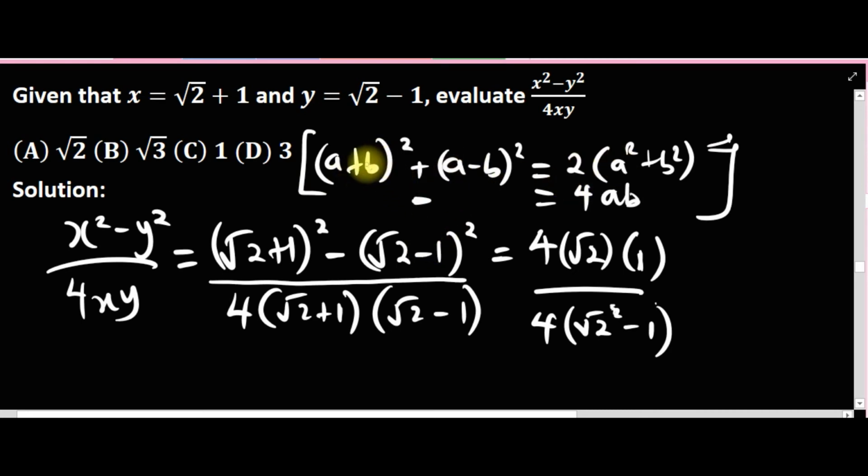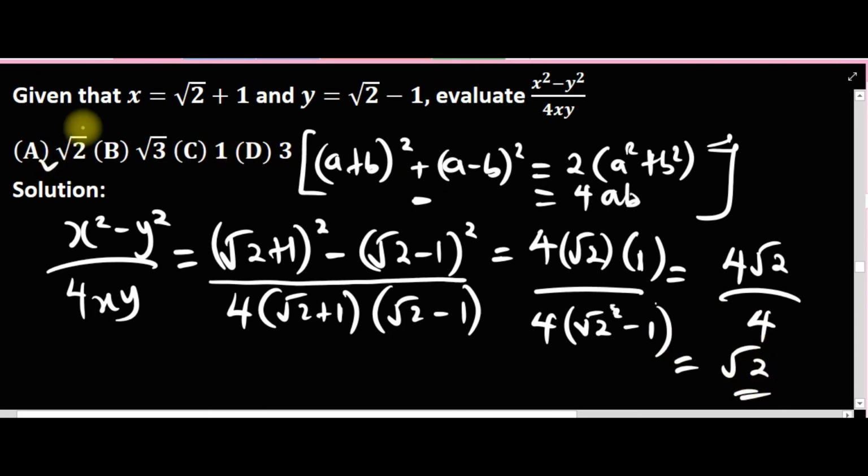So our A is root 2 and our B is 1. So that's how we just substitute, so you don't need to waste time. So this is now 4 times root 2 over 2 minus 1. 4 is 4, so the answer is root 2. The answer is A.